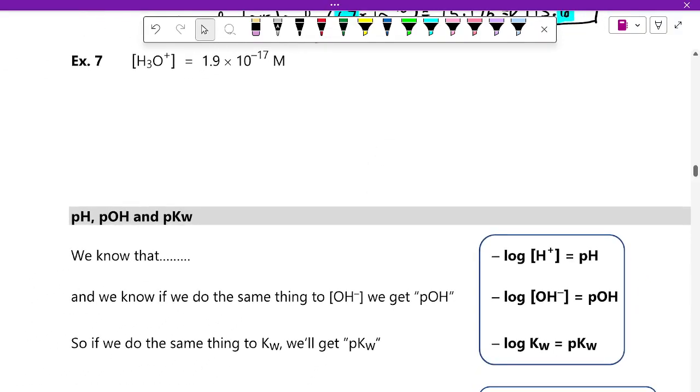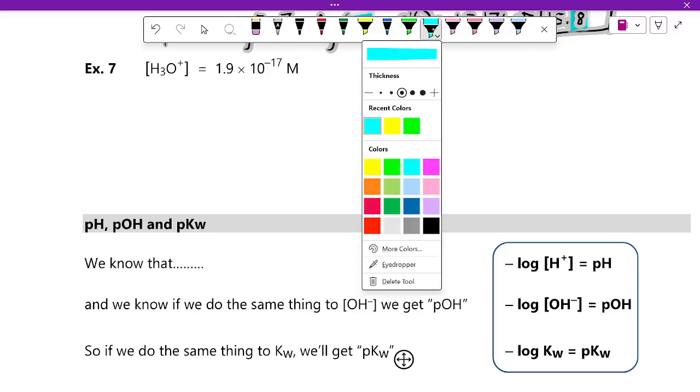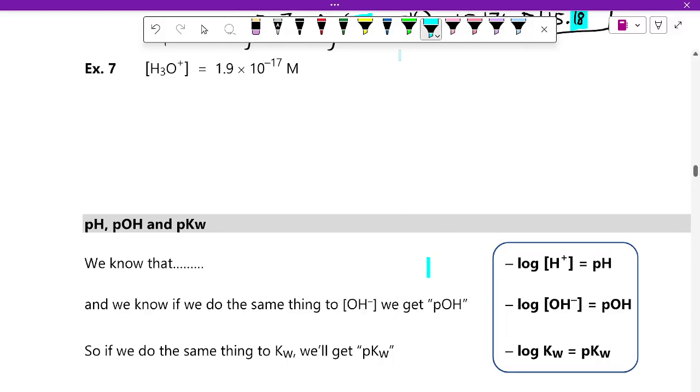So we know that if you take the negative log of something, you get p something. Negative log gives you the p. Negative log of hydroxide gives you pOH.